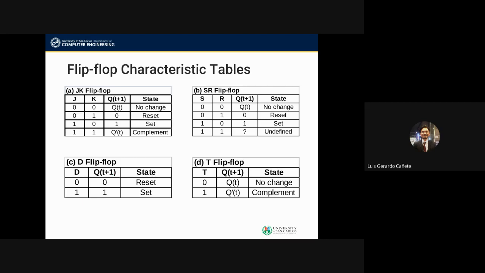Okay? So for T flip-flops, when T is equal to 0, there is no change. Qt plus 1 is equal to Qt. When T is equal to 1, Qt plus 1 is equal to Q bar of t, or it complements itself.